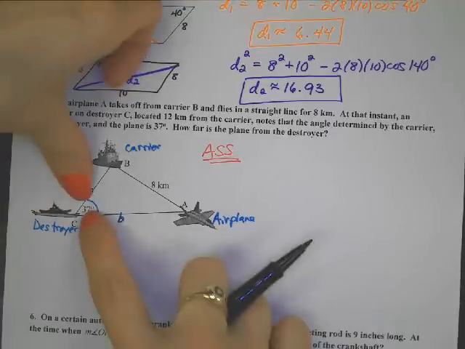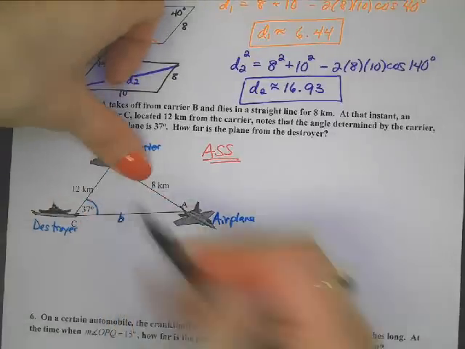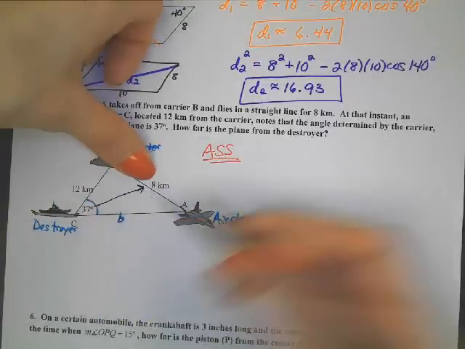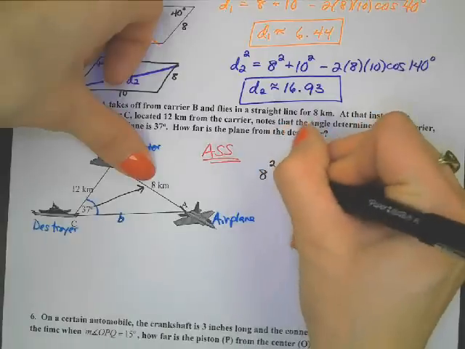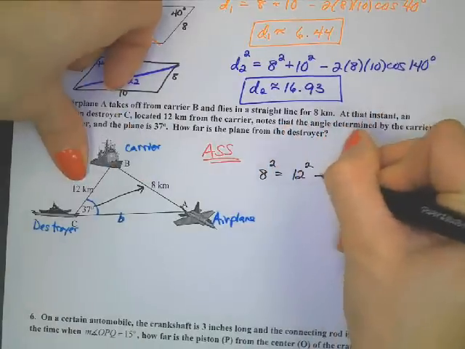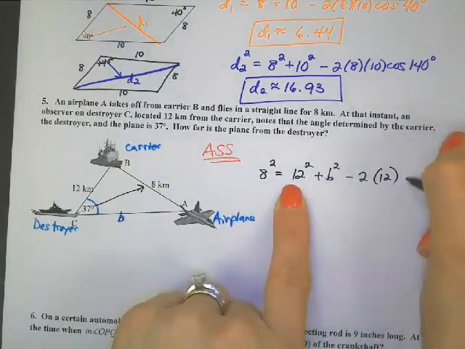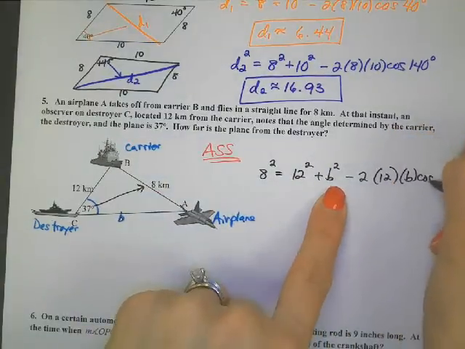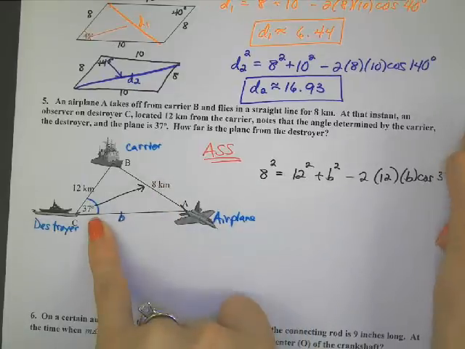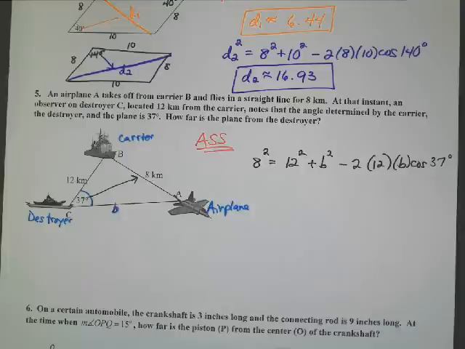Law of cosines says you start with the angle, and that goes with side 8. So we're going to have to do 8 squared equals 12 squared plus b squared, subtract 2, one of each of them, a 12 and a b and a cosine of angle 37 degrees.